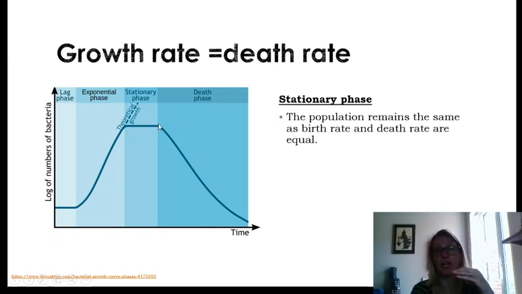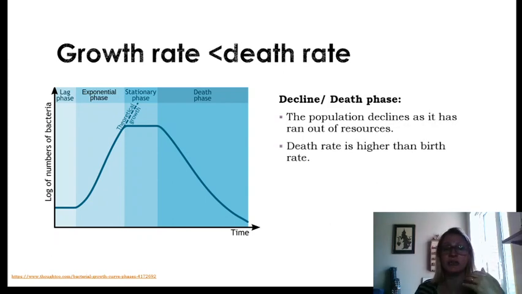And if they're in a closed environment, so if it's something like bacteria, for instance, that have got a finite amount of resources, then they'll start to use up their resources, and the death rate becomes greater than the rate of reproduction. So they go into this decline phase or death phase, and the population starts to decline as it runs out of resources.